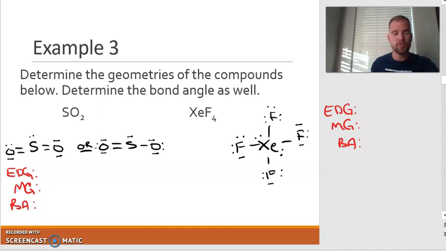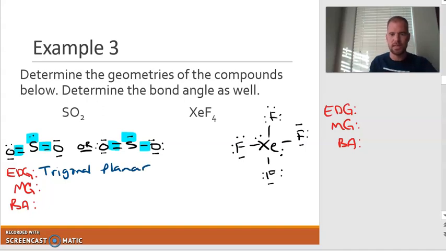Okay, so to figure out the electron domain geometry of SO2, first of all, how many electron domains do you have? Well, whether you were looking at this one on the left or this one over here to the right, it doesn't matter. They both have 3 electron domains, which remember, that is a trigonal planar electron domain geometry, meaning that you're going to have this central atom that has 3 electron domains jutting off of it in the plane of the board.